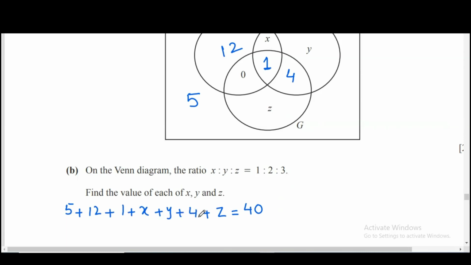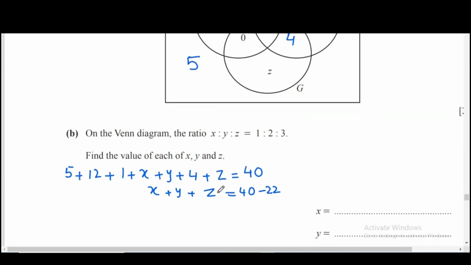So x plus y plus z equals 40 minus 22, which is 18. Now the sum of x plus y plus z is 18 here, and the ratio method is what we note down to find x.